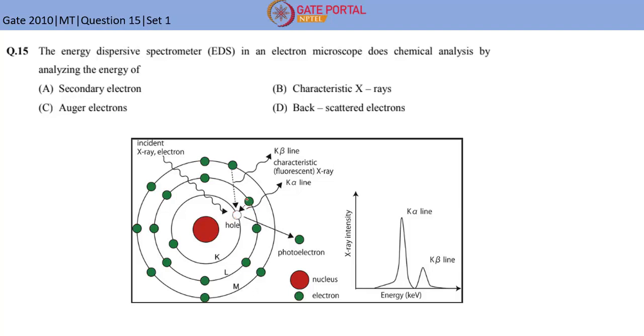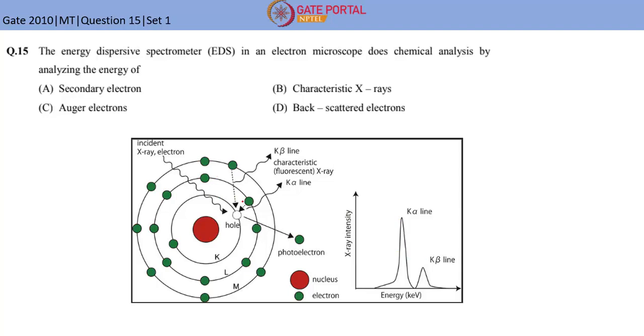When an electron from the L shell comes to the K shell, the K alpha line will be generated. Similarly, when an electron from the M shell comes to the K shell to reach the energetically favorable state, the K beta line will be generated. These are the characteristic X-rays generated because of that.